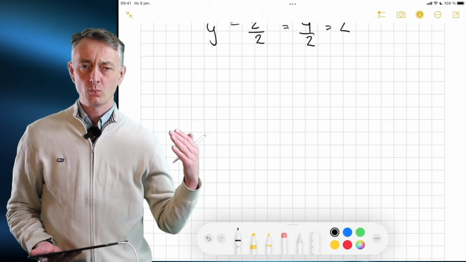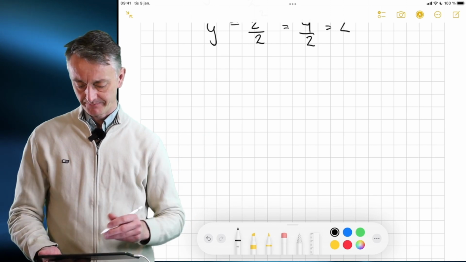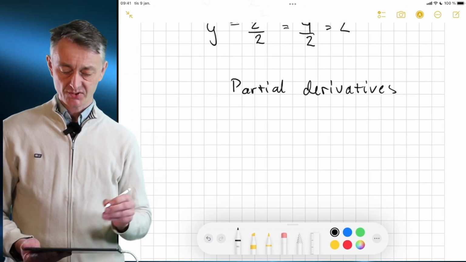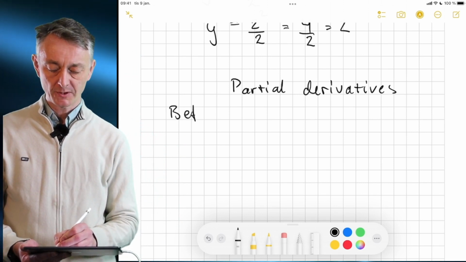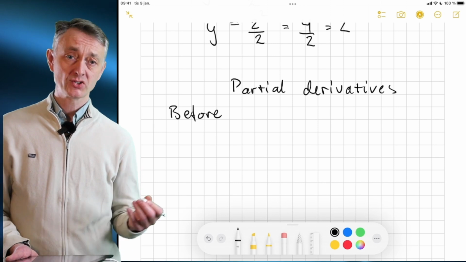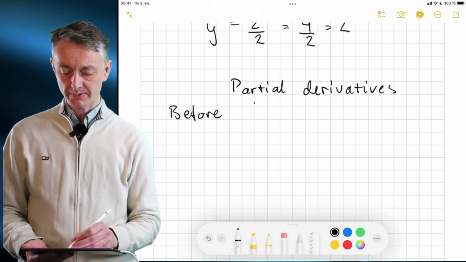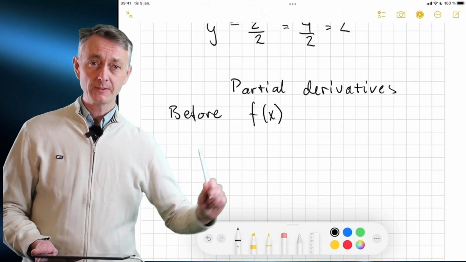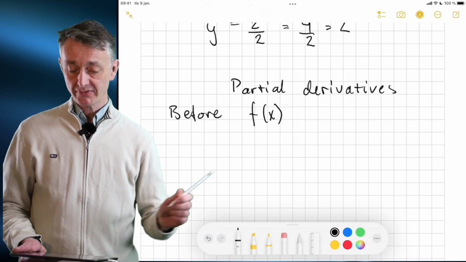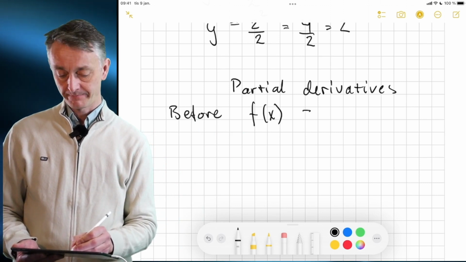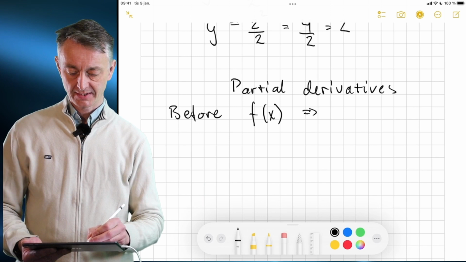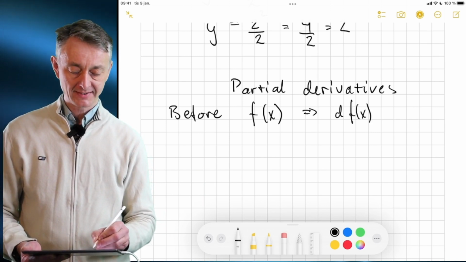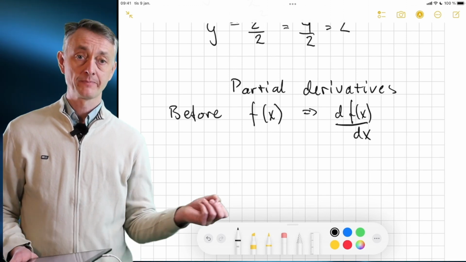So, what is a partial derivative? Well, let's see. Before in this course, we looked at functions of one variable, for example f of x. When we took the derivative of that, we would write it like this: df(x)/dx.